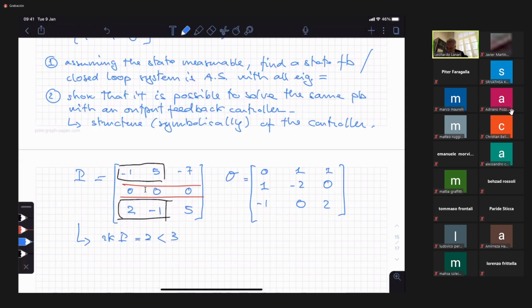While if we compute the determinant of the observability matrix, we'd have 0 plus 0 plus 0 minus 2 minus 2, so minus 4. So it's different from 0. Okay, so the system is fully observable.